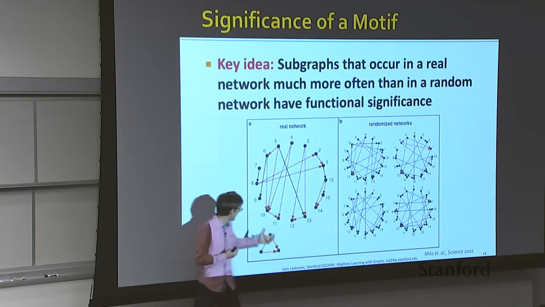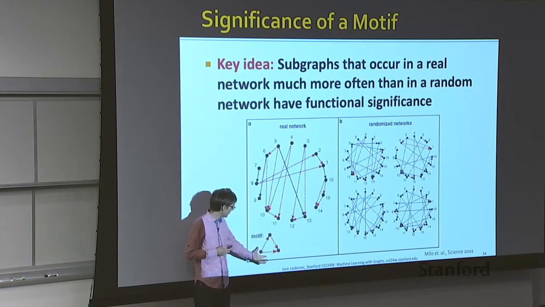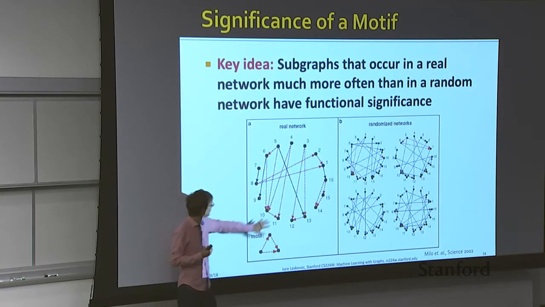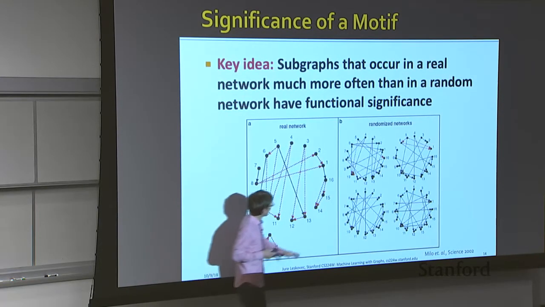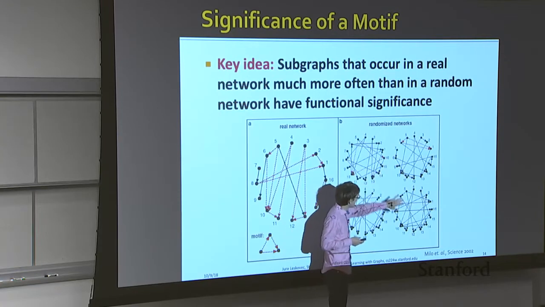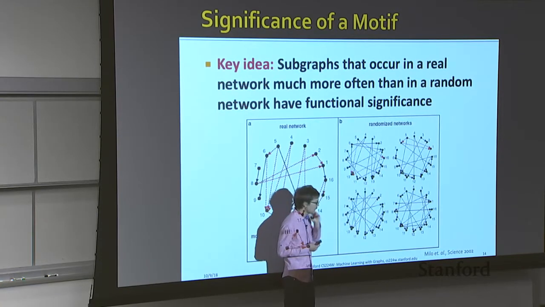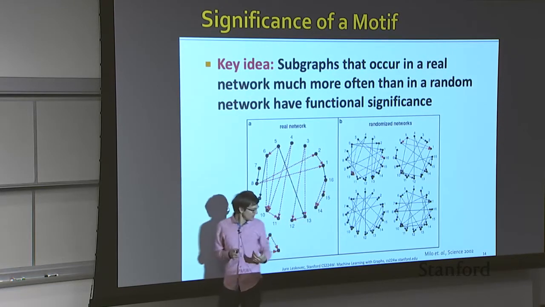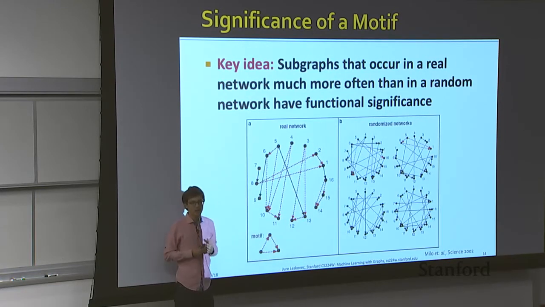So if this is my real graph and this is my motif of interest, the feed-forward loop, here with red edges all the instances of that feed-forward loop are illustrated, and here are some randomized networks, randomized graphs, and here again with red edges, instances of this motif are illustrated.